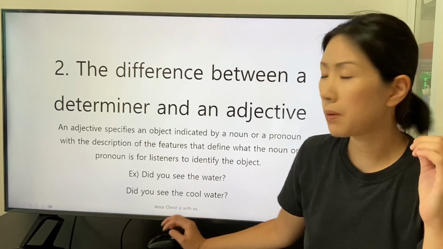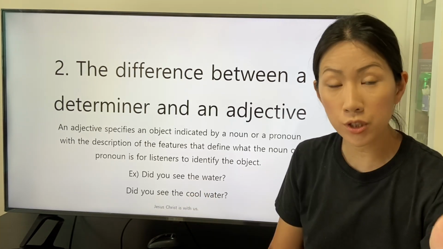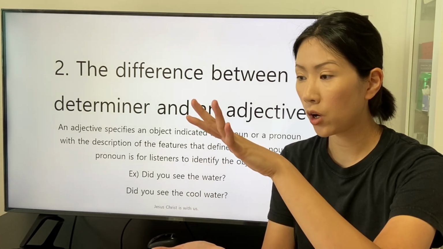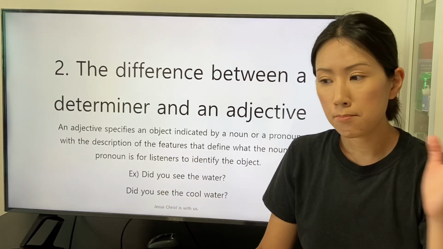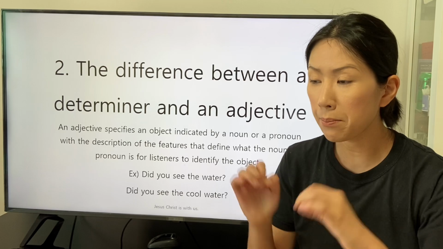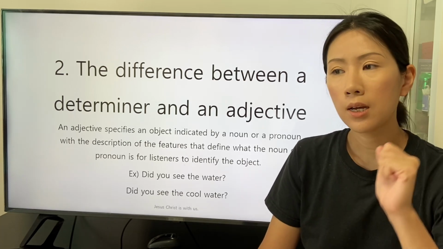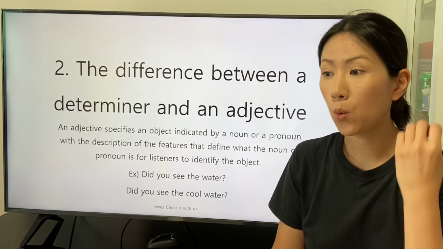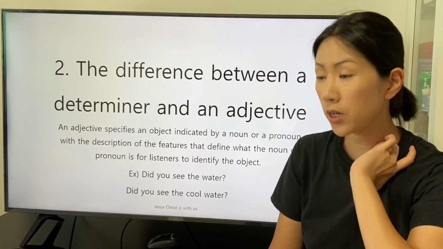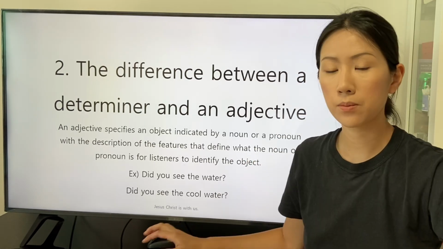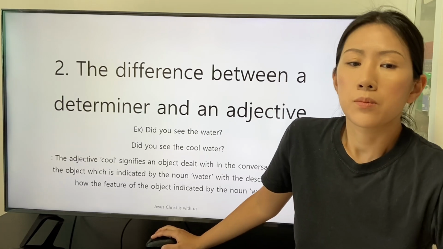The description by the adjective cool for the object indicated by the material noun water may make it easy for the listeners to identify which kind of water the speaker intends to indicate in the conversation.